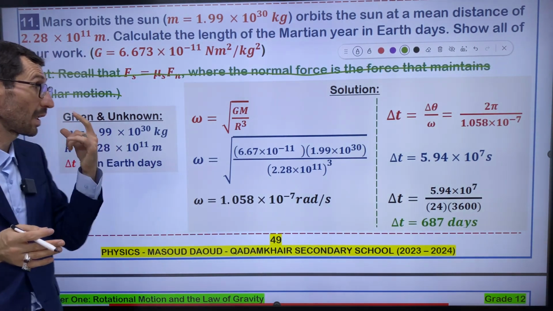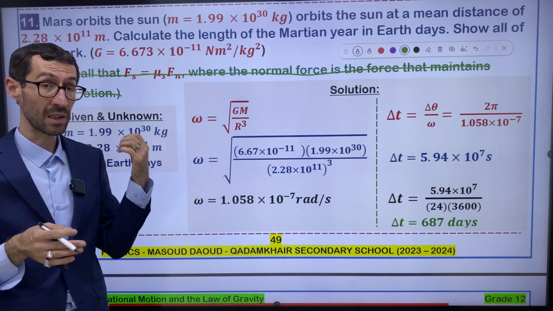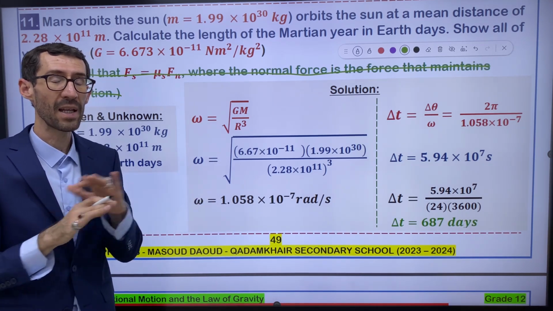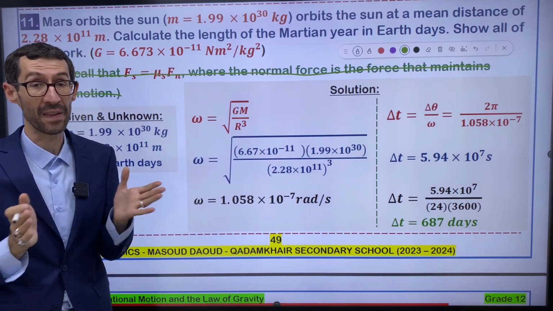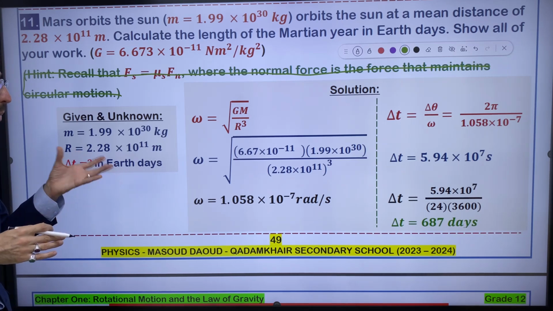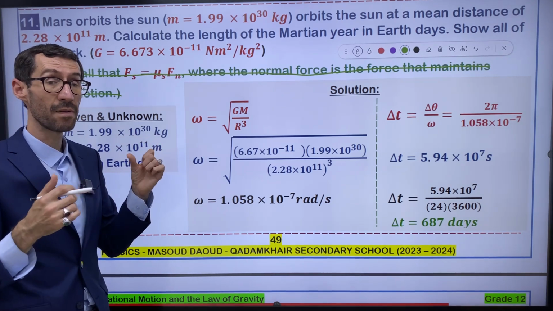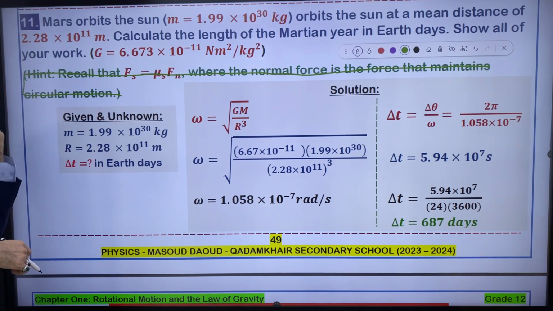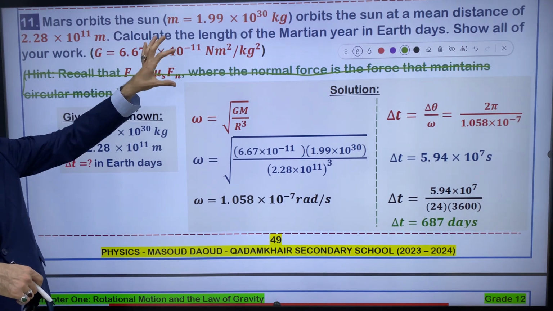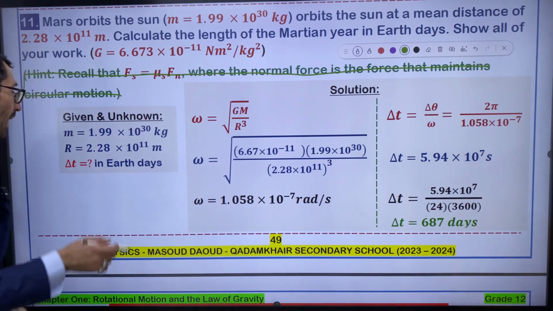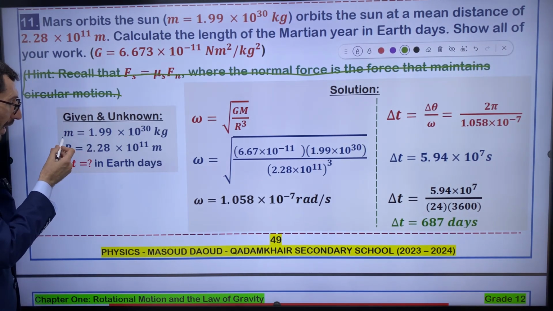Because compared to an enormous object like the sun, the mass of any planet is nothing, right? It doesn't matter because the sun is a very huge object. That's why we don't need the mass of Mars. We only need the mass of the sun.